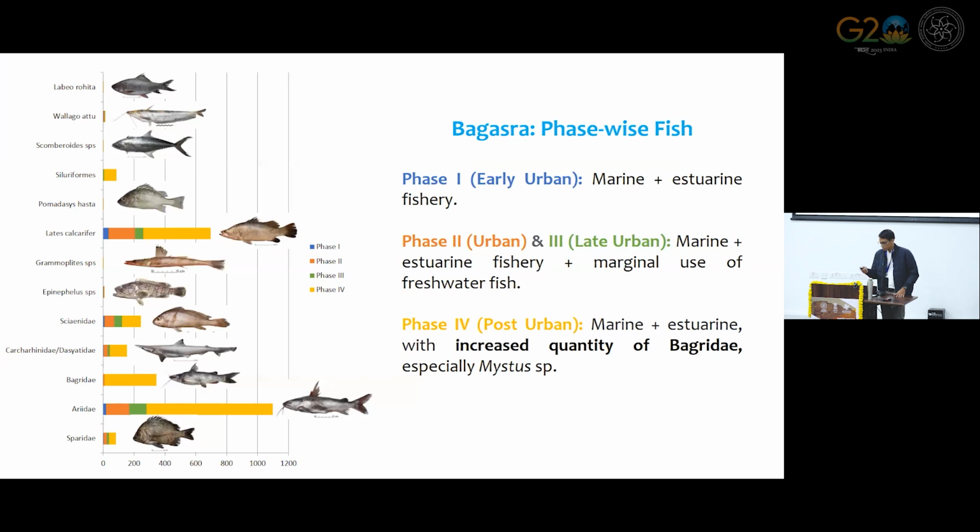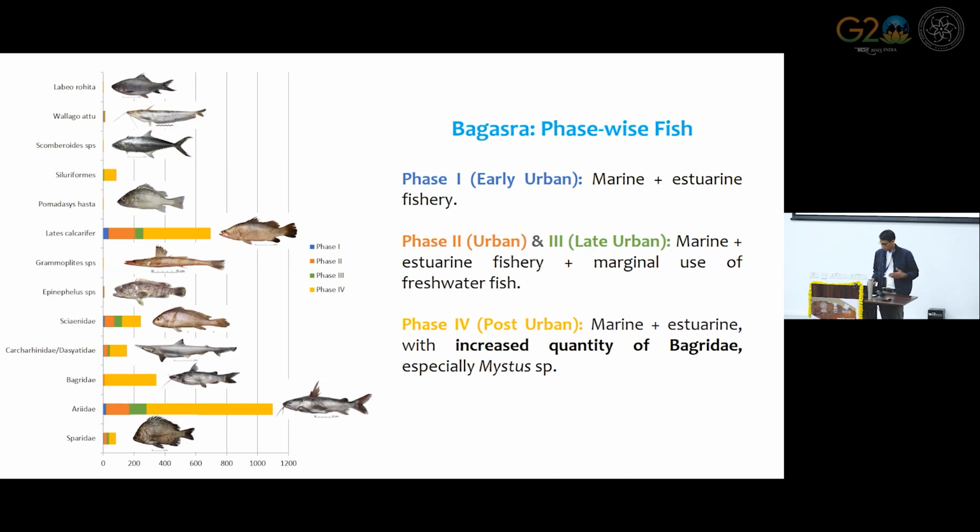From Bagasra, this is a phase-wise distribution of the representation of species, or the kind of fish, simply we can say. From phase 1, it's mostly marine and estuarine fishery. Phases 2 and 3 are marine and estuarine, with a marginal use of some freshwater fish as well.